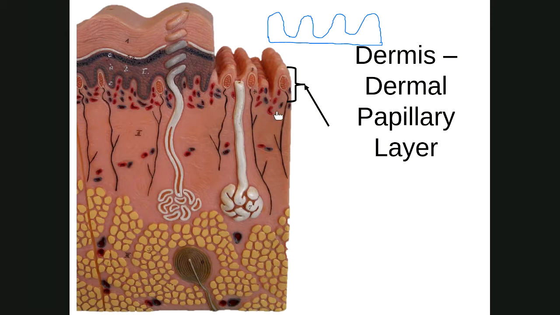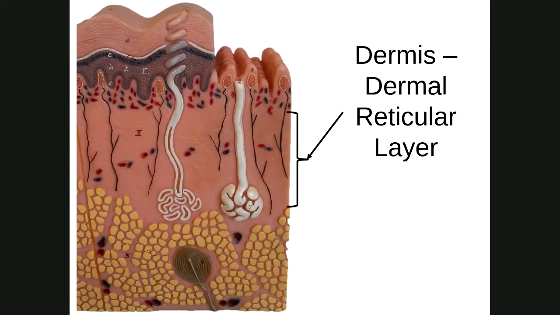The lower layer, okay, it's pretty much from here down to the subcutaneous layer. The bigger of the 2 layers, that's the dermal reticular layer. That's where we find the stuff: sweat glands, hair follicles, some nervous tissue in there, smooth muscle, all right, blood vessels.